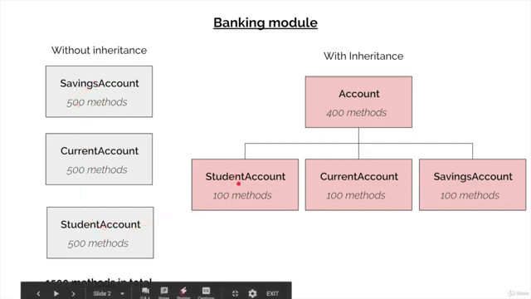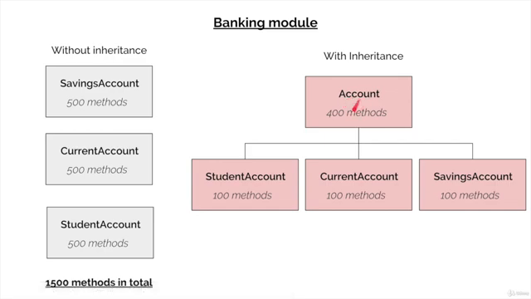But over here you have to just make it once in the parent class and it's automatically available in the child classes. So it also promotes maintainability of the code and it also makes it easy for future development and enhancement. So this is how inheritance becomes really useful in the programming world.